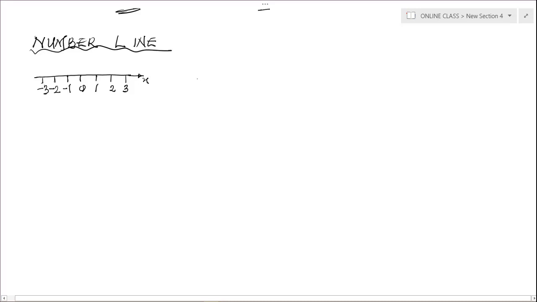Now, if the question says that x is greater than 2, see how it will be drawn. Locate 0, 1, then 2. On the 2, just draw a line up, then a circle on it. And from the circle, draw a line to the right and put your arrow there.